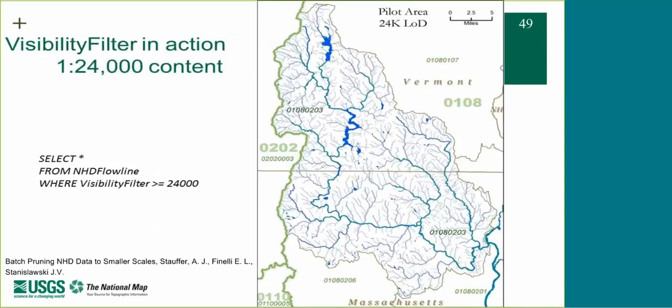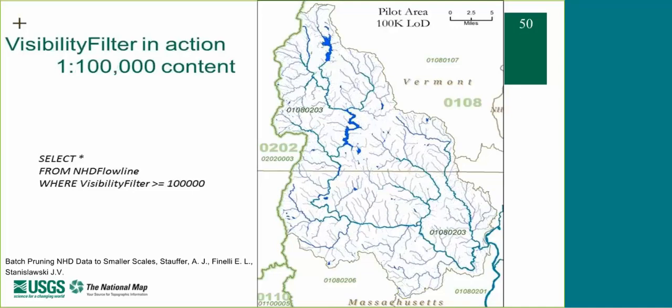So just to give you guys a sneak peek, if you haven't downloaded the data yet, to see what it looks like, this is an 8-digit hydrologic subbasin, 1020 3. And this shows the data with a display query for 24,000 scale. So this is showing everything that's appropriate for use at 24,000 and higher.